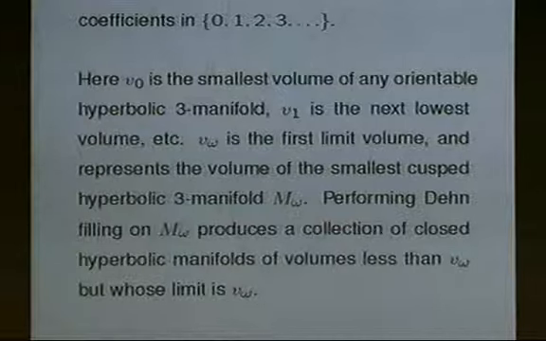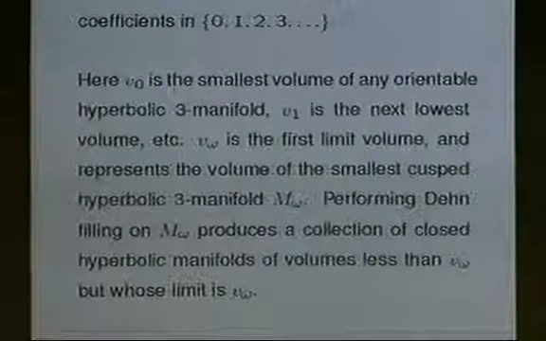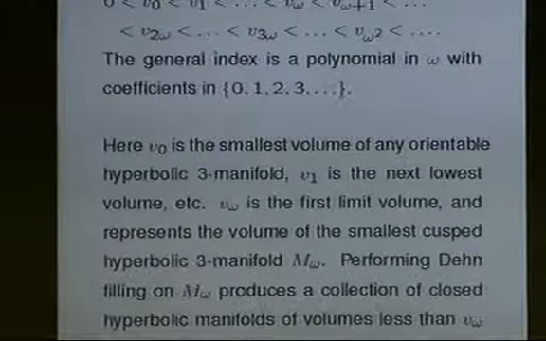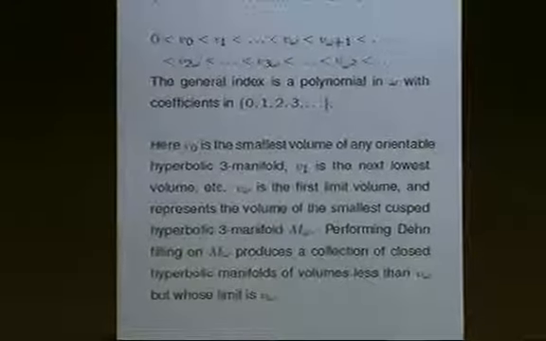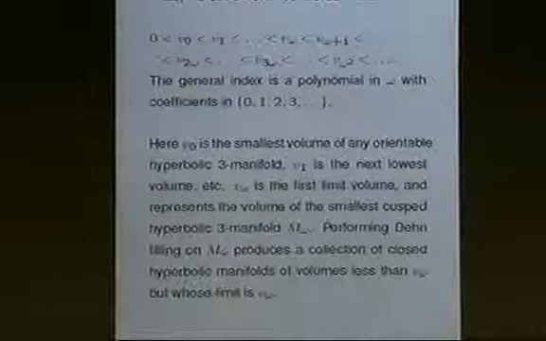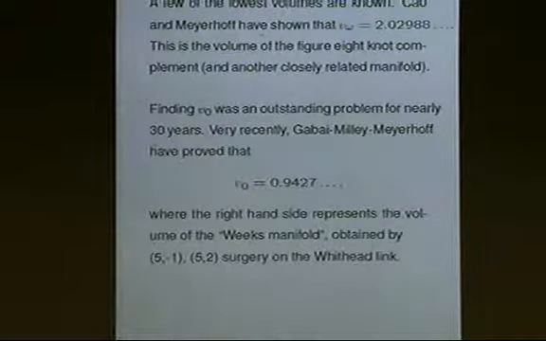And each of these limit points actually corresponds to a volume of some cusped hyperbolic manifolds. And in fact, here we have this kind of accumulation as you go to V omega. That actually arises from this process of hyperbolic Dehn filling. If you take a sequence of Dehn fillings on this cusped manifold, you get a sequence of volumes approaching this limit. Now I'll come back and say a bit more about that later.